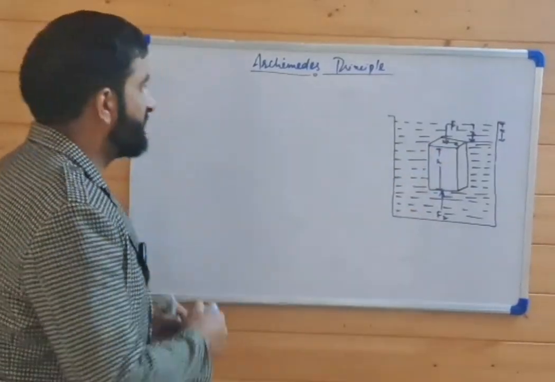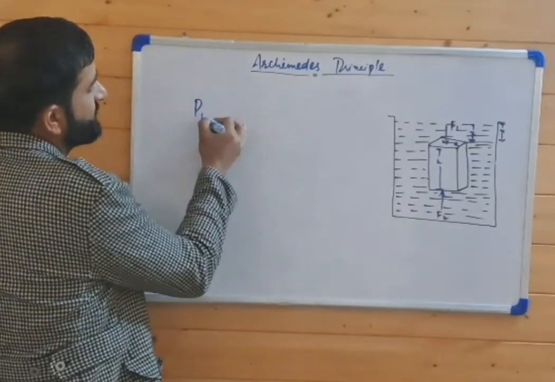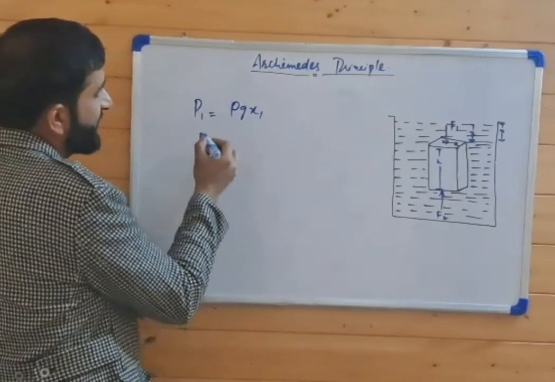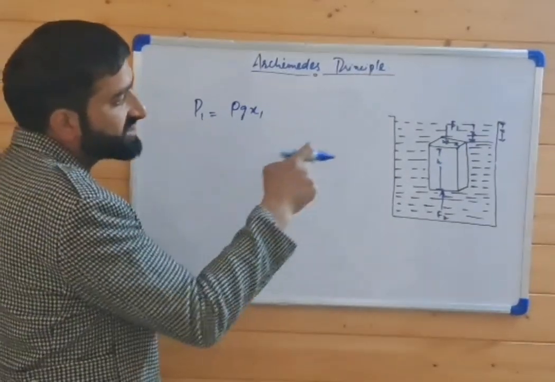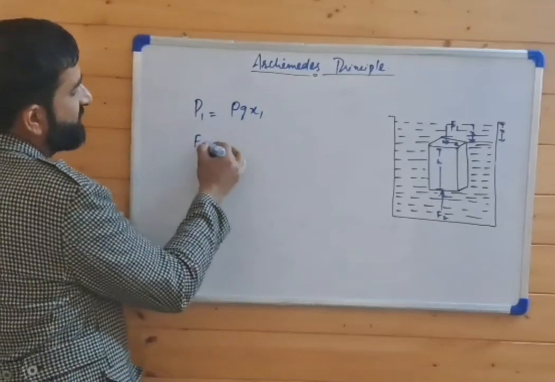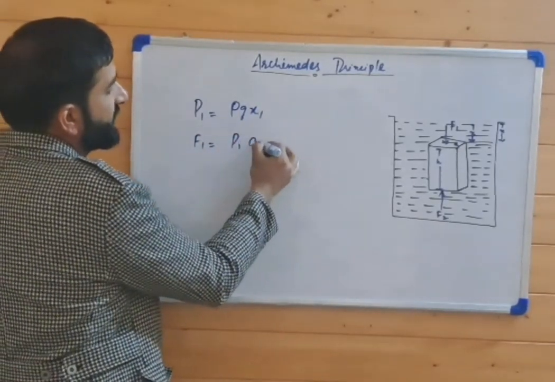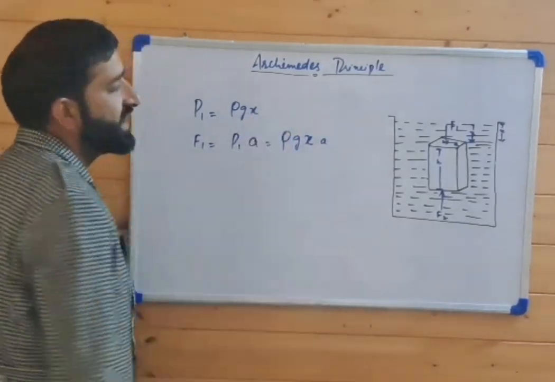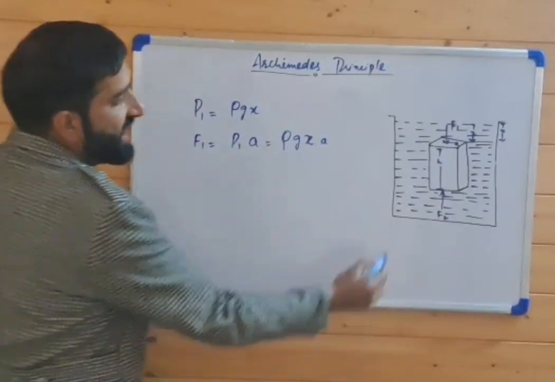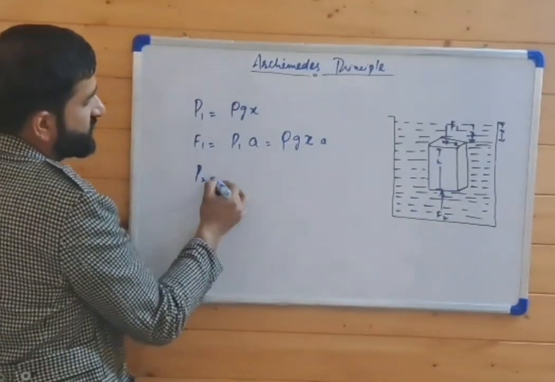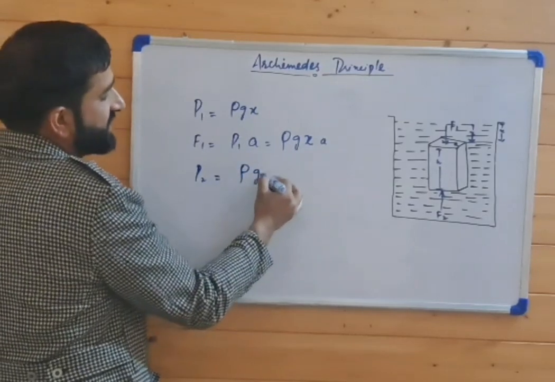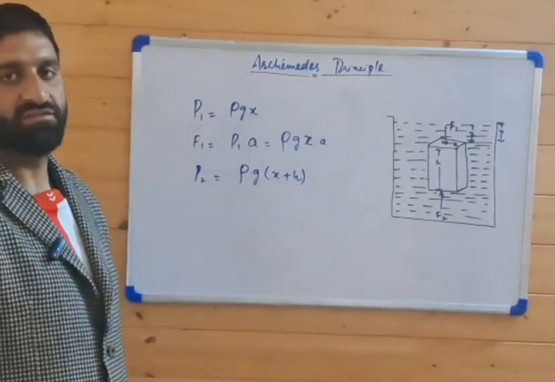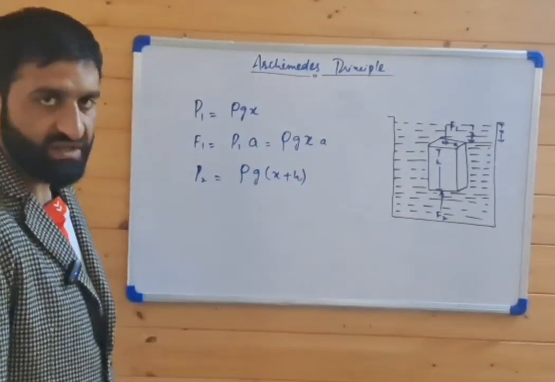Now at the top face, we can easily see that the pressure P1 is equal to rho g x. So the thrust on it, if the cross-sectional area is A, is F1 equal to P1 into A, that is rho g x into A. Similarly, at the bottom face, the pressure P2 will be equal to rho g into x plus h, as h is the height of the body which is immersed wholly in this fluid.